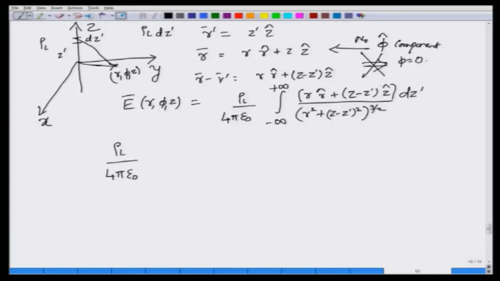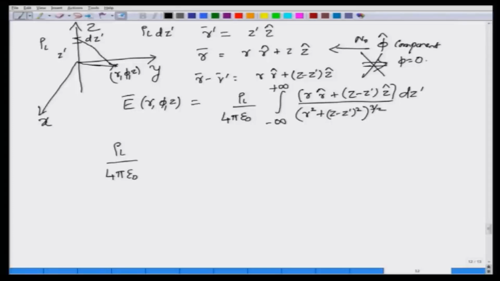However, in this particular case, at any point on the z axis I might be, r hat does not depend on z. You remember that r hat and phi hat depend only on phi and not on z. So, in this case there is no integration of r.